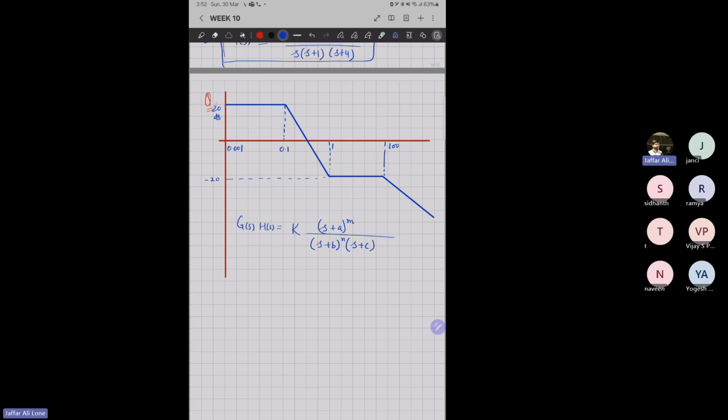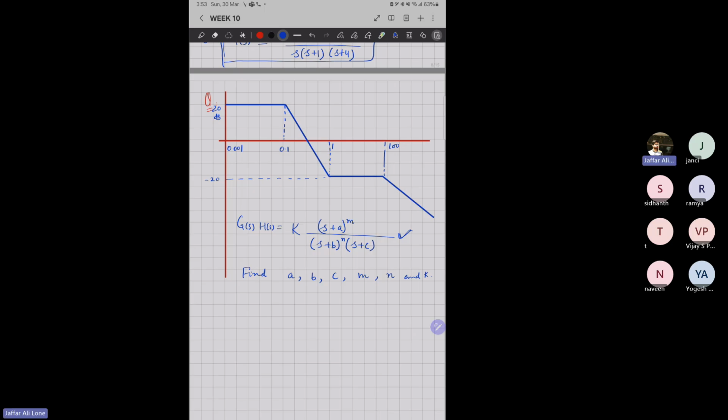So you are given the transfer function in this form. Then find a, b, c, m, n, and k. Yeah, please solve it.